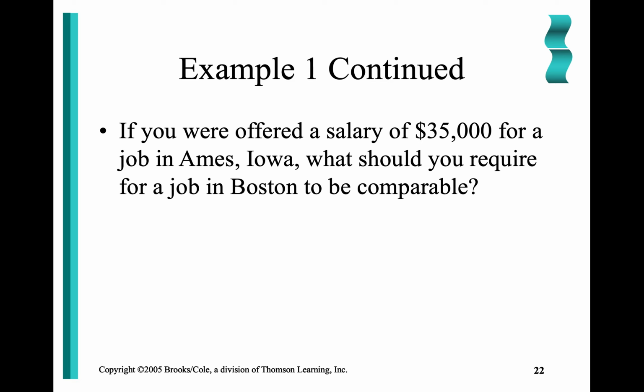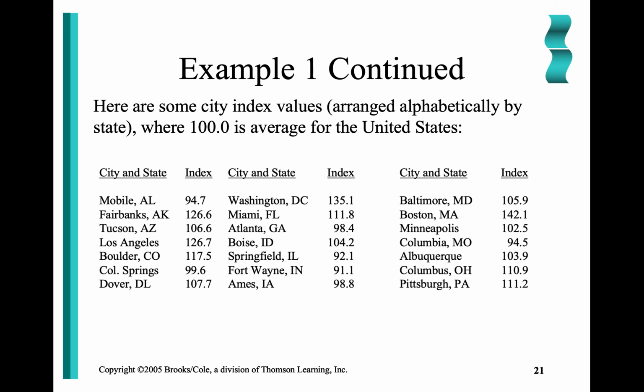If we were offered a salary of $35,000 for a job in Ames, Iowa, what should we require for that same job in Boston? Well, let's see. Ames, Iowa, down at the bottom here. An index of 98.8, lower than the average in the United States.